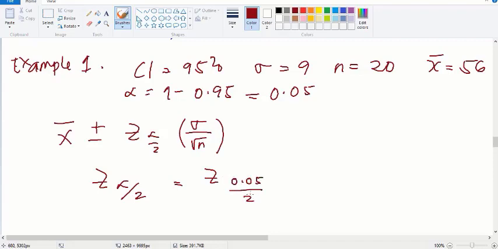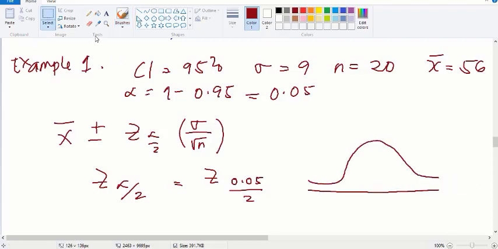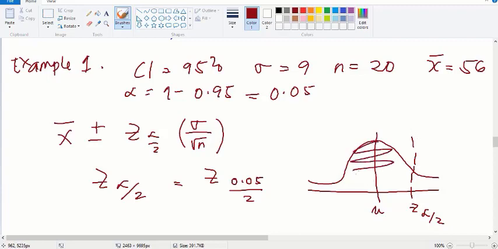So, paano mo pa rin siya makukuha, teach? So, remember Z. Z value is the normal distribution. Okay. So, plot natin yung normal distribution dito. Anyway, isipin nyo na lang, symmetrical yan siya. So, sa gitna natin, nandyan yung ating mu, and then somewhere over here is the Z alpha over 2. Okay. So, we would like to get this. So, remember the probabilities, no, the areas under the curve.